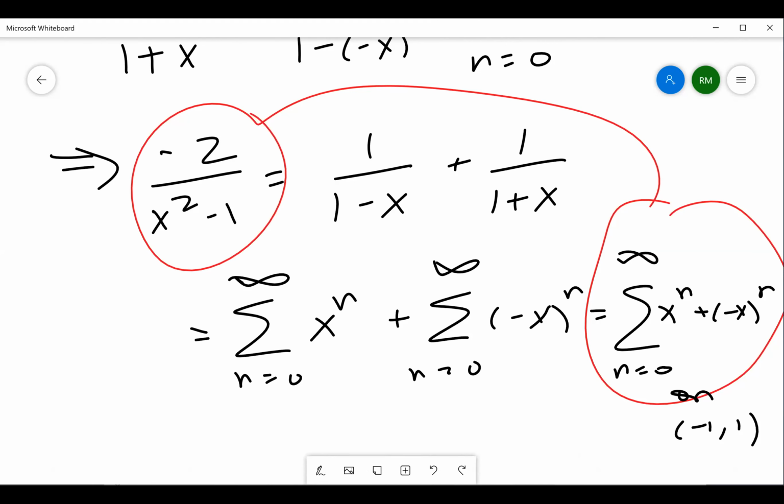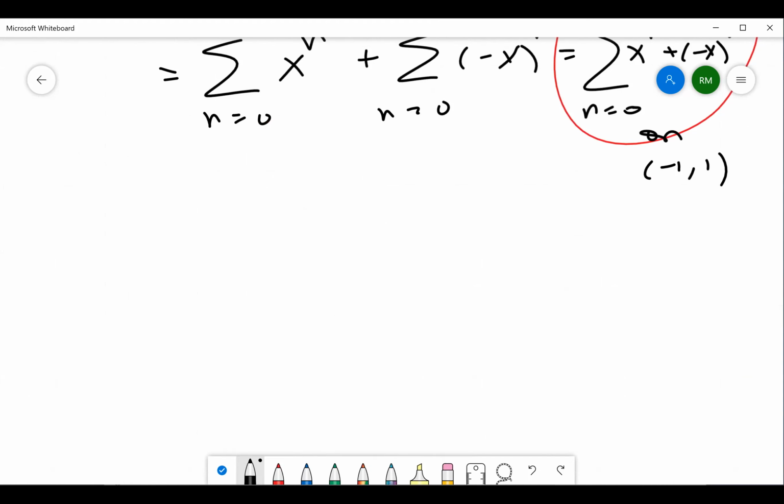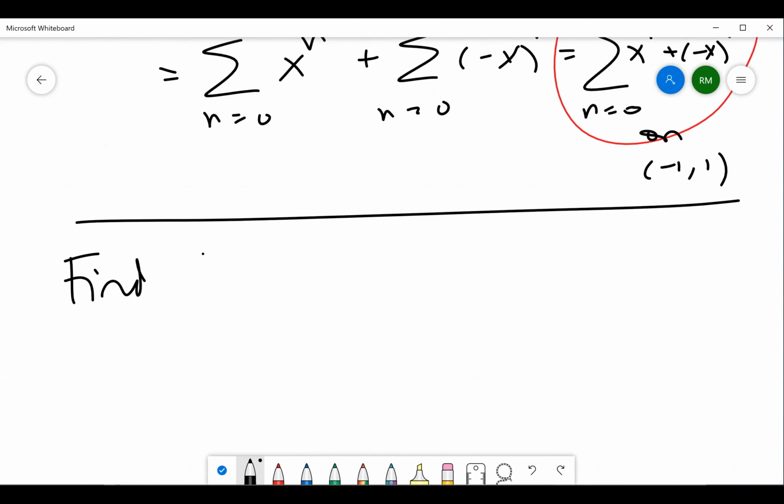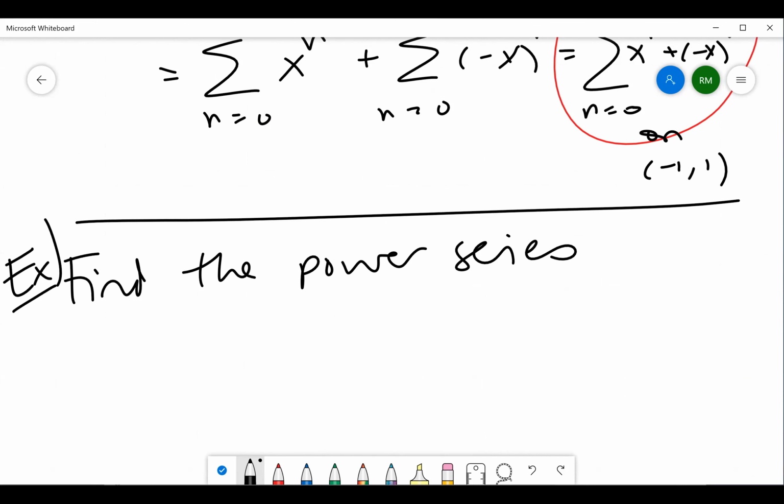All right. Now I'm going to let it be your turn. Using those same kind of properties, I want you to find the power series of x over x squared minus 1 on the interval from -1 to 1.